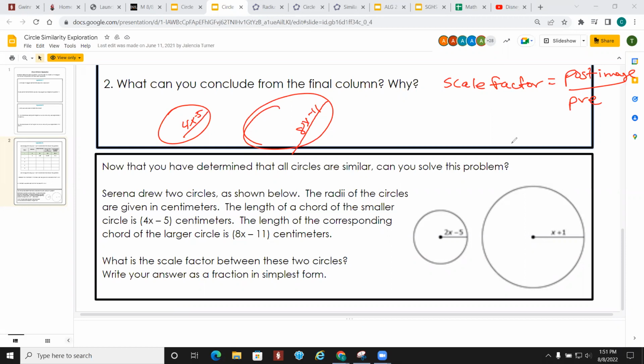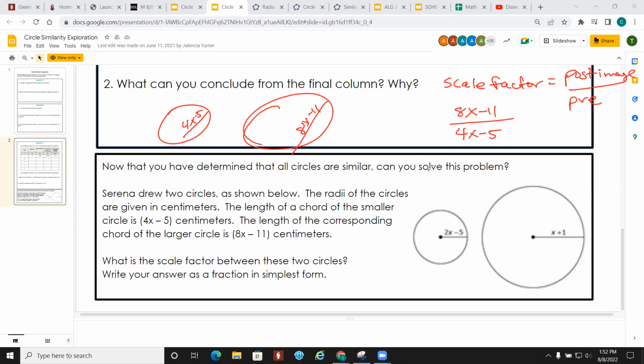Okay, post image divided by the pre-image. So what's the post image in this instance? 8x minus 11. So we're going to take 8x minus 11 and divide it by 4x minus 5. And that's it. That's all we're going to do.